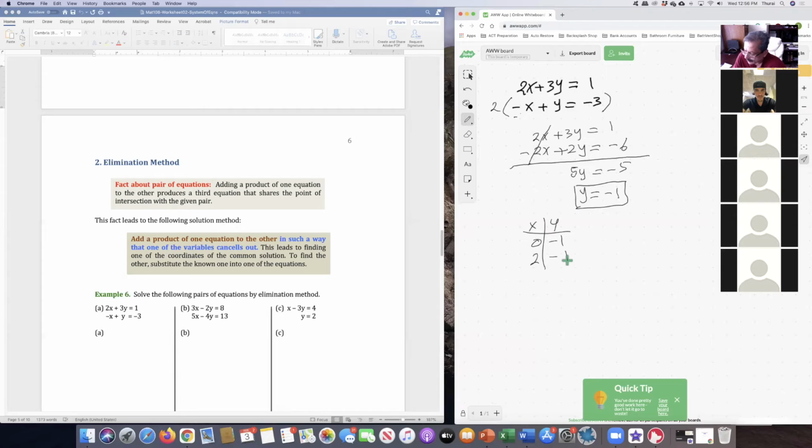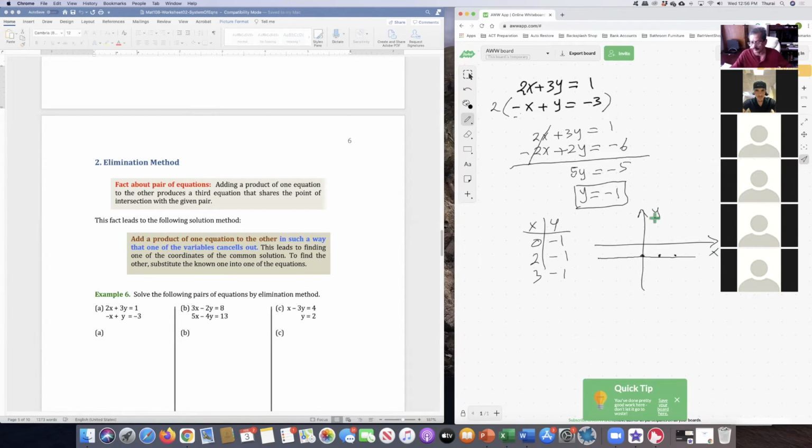X can be anything. As long as the y coordinate is minus 1, it'll be on this line. So let's graph that. 0, minus 1 is right here. 2, minus 1 is right here. And 3, minus 1 is right here. You can see what happens. It's a horizontal line. So y equal to a constant will be a horizontal line.